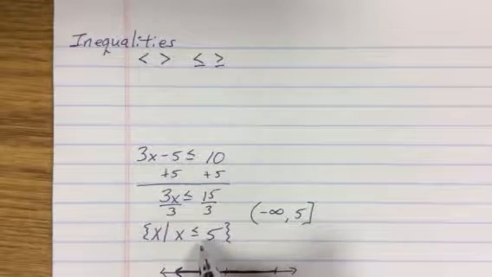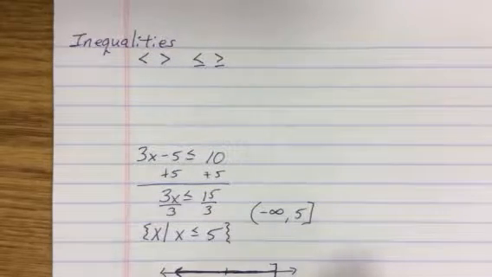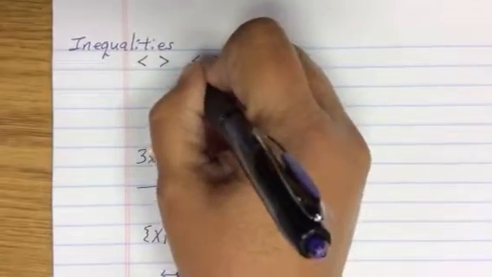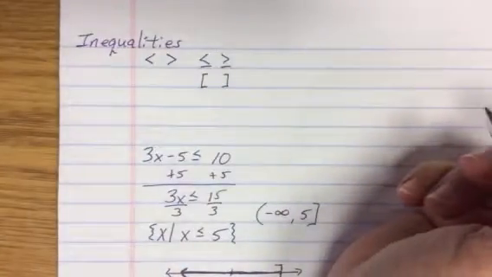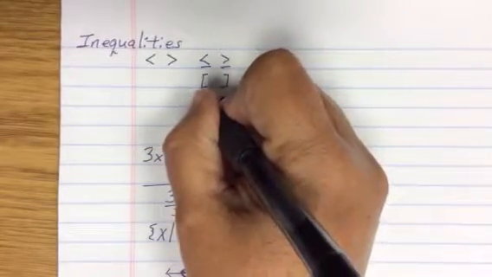Now, what goes on the end? There's more than one way. I can do the squared off bracket, or I can do a solid dot. How do I know which to do? It's because there's an equals in it. If there's an equals, I can either have brackets or solid dots.